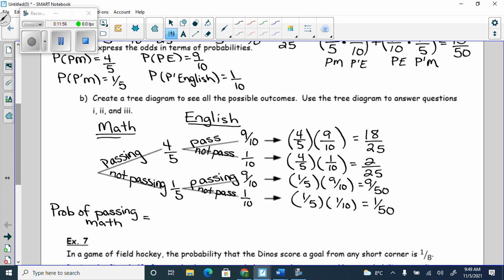One, she happens to pass English as well, and one, she doesn't pass English, but I don't care about that. All I asked you was what the probability is that she's going to pass math when she writes her next two tests. So you'd go 18 out of 25 plus 2 out of 25.